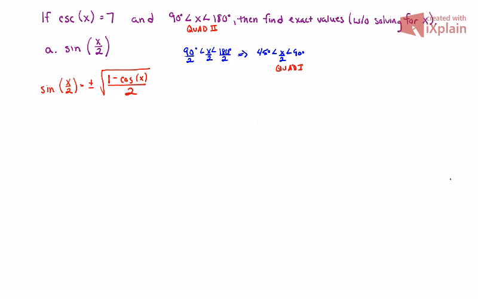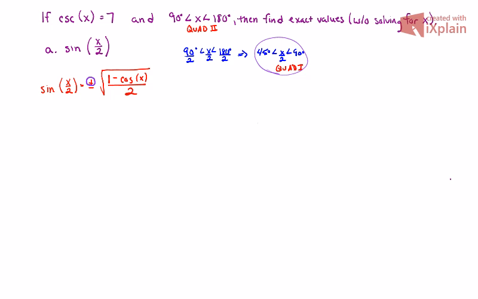Again, in this particular case, we're saying that our half angle is in quadrant 1. So that tells me that the square root is going to have to be positive, all because our half angle is in quadrant 1.